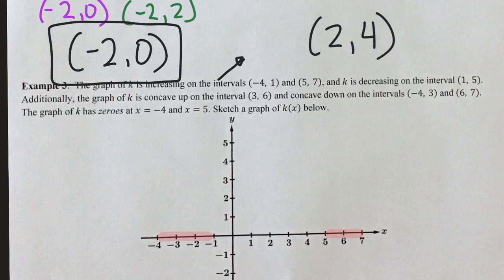So the y values are going up, but it is decreasing from 1 to 5. Additionally, the graph of k is concave up from 3 to 6.